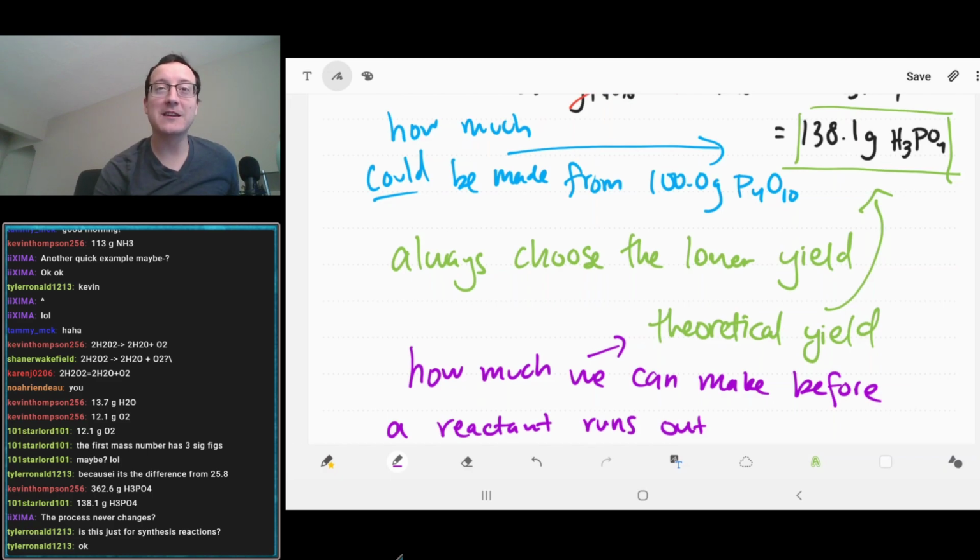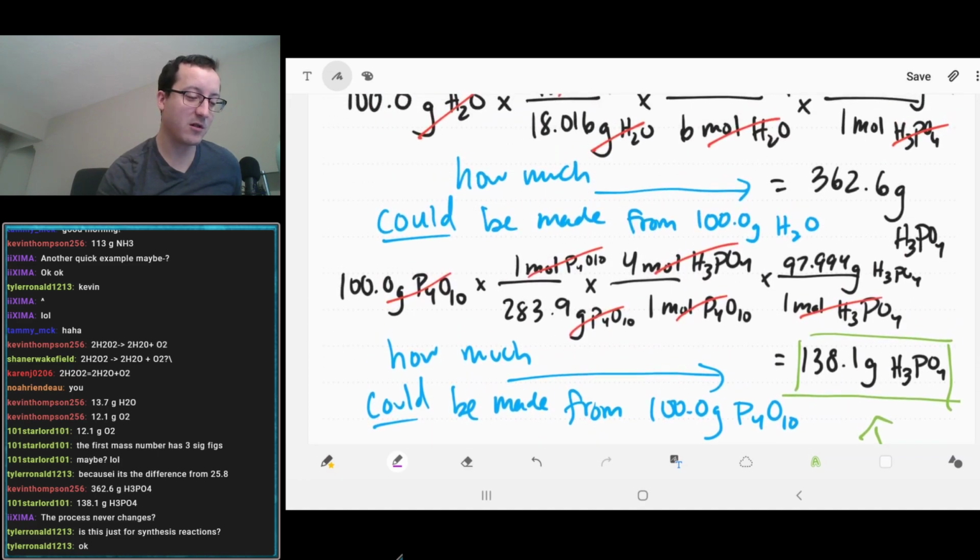So our theoretical yield is how much we can make of whatever product we're looking at before one of the reactants runs out. So after we've made 138.1 grams of phosphoric acid, we have run out of P4O10. We can no longer make any more. Even though we could have made more if water were our limiting factor, water is not.